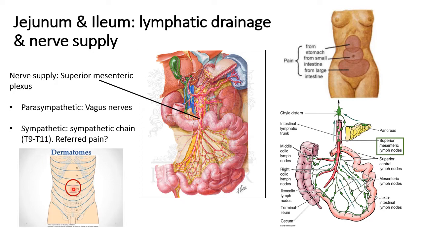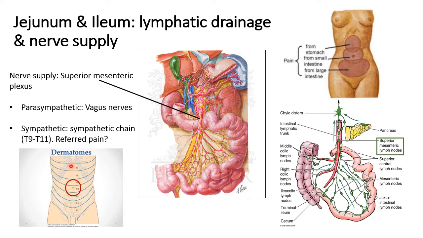At the level of the umbilicus is the T10 dermatome, with T9 above it and T11 below it. This is the area where pain from the small intestine will be referred, and it corresponds with the umbilical region on the anterior abdominal wall.